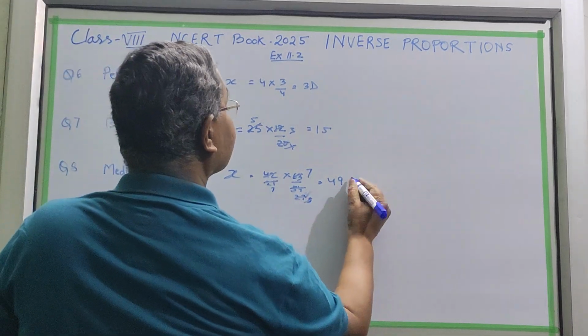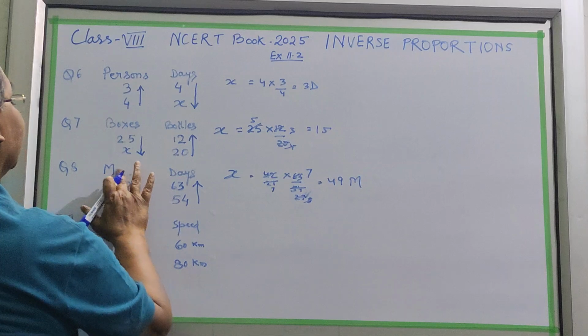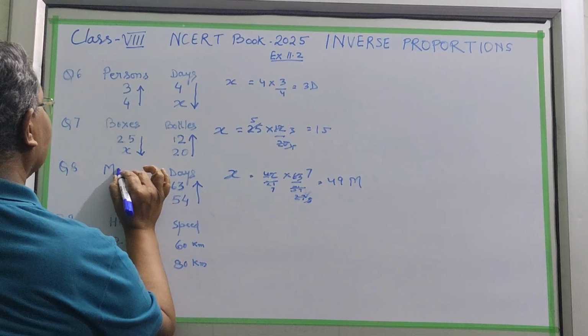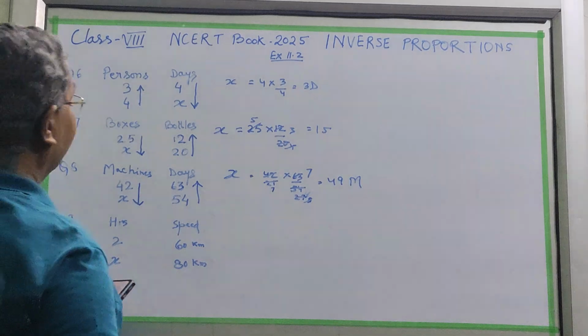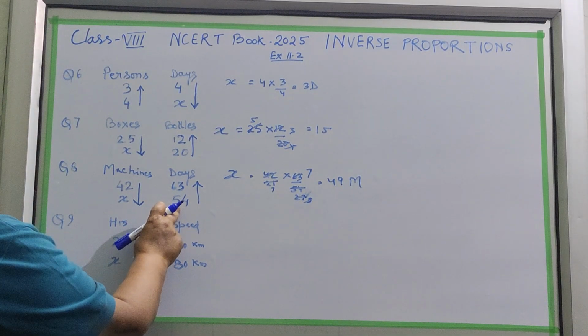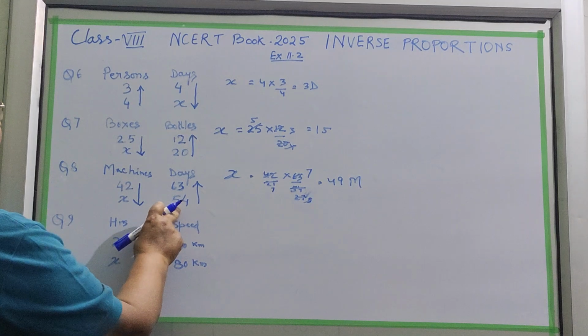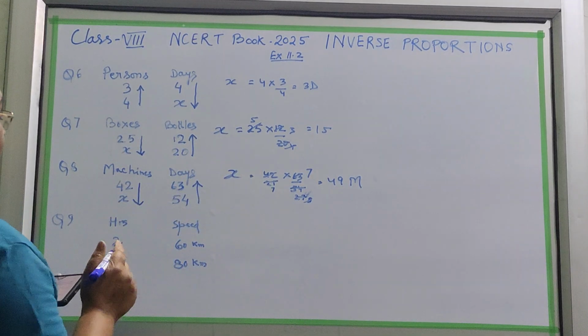It will be machines. Machines required. 49 machines will be required if you want to complete it in 54 days. When days are decreasing, the number of machines will increase. It is the inverse proportion.